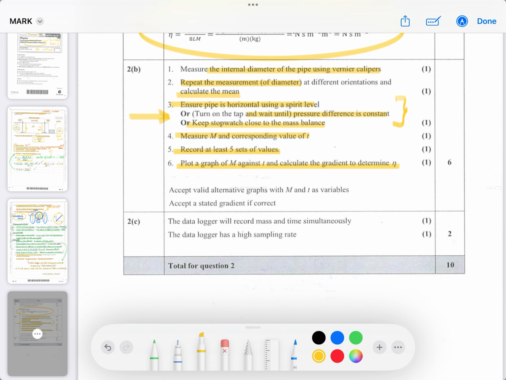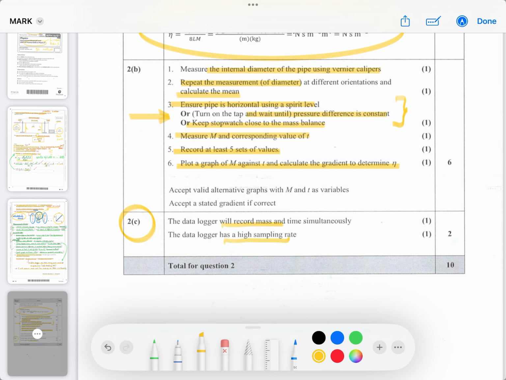So there are alternative methods you could use for the graph, it says. But I think my method is probably a good method. And then a data logger we've gone through for part C. So that allows you to check what they're giving the marks for. High sampling rate.